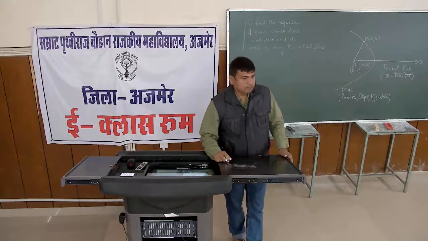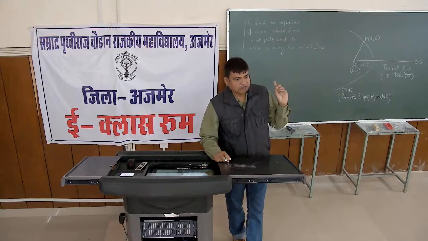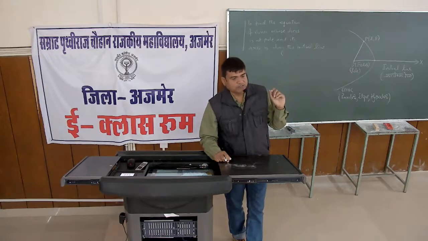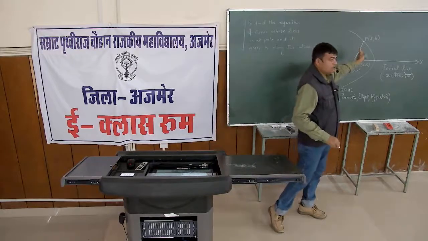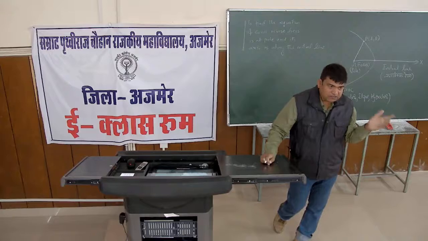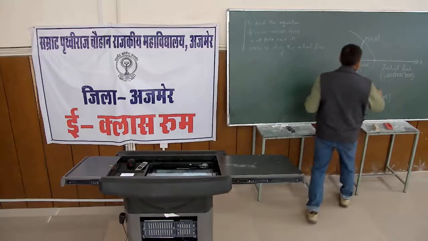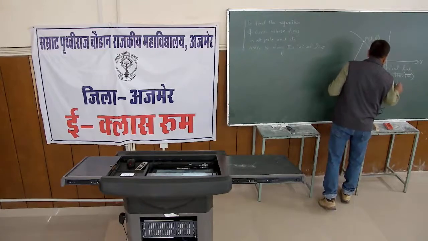What is the definition of the conic? How to find the locus of P? What is the condition on P? The distance of P from the focus and the distance of the point from the line, the directrix. So directrix is this one.